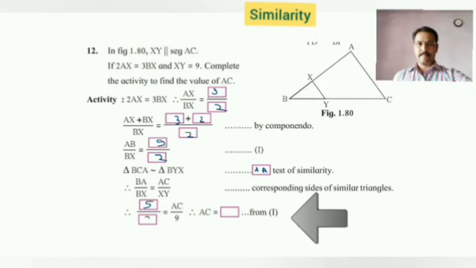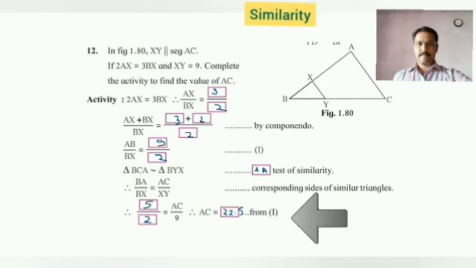Now take this 9 to this side. Means what will be the AC? 9 fives are 45. 45 upon 2 means 22.5.